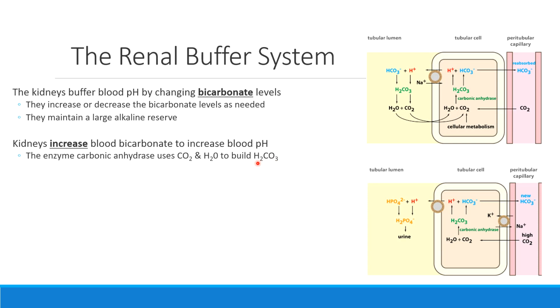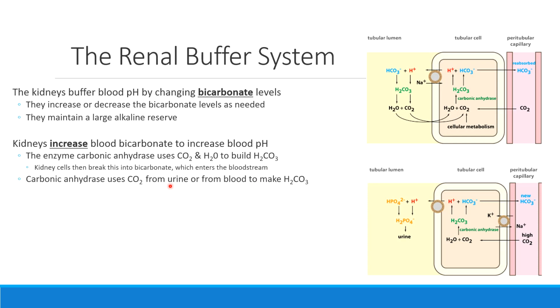We don't care much about carbonic acid, but what we care about with our kidneys is the fact that we can break that down into bicarbonate. When we break down carbonic acid into bicarbonate, we can then put that into the bloodstream. As it goes into the bloodstream, it's going to have the impact of adding something basic. We're going to raise that pH.